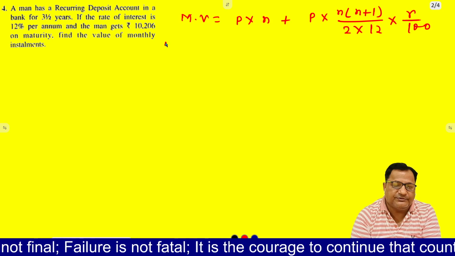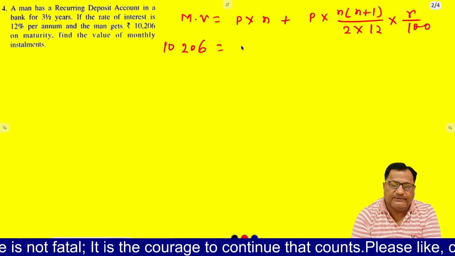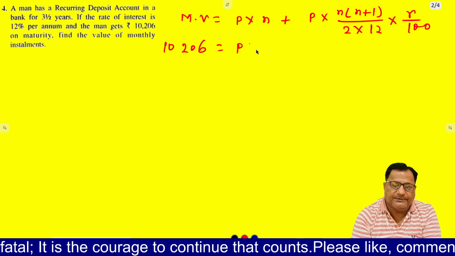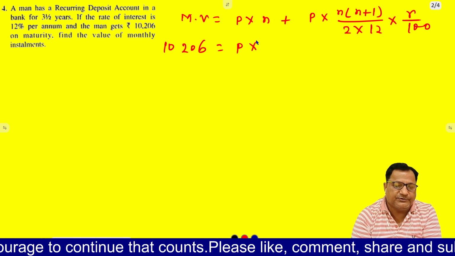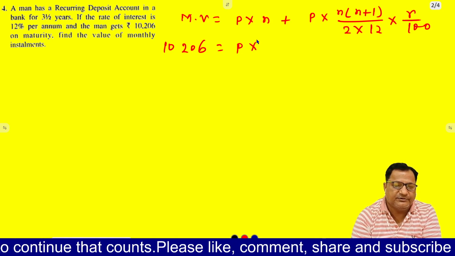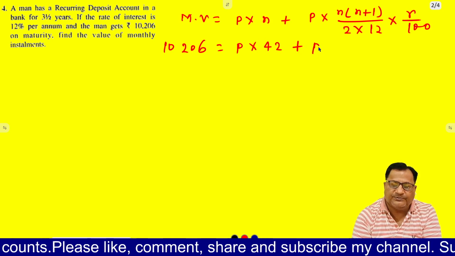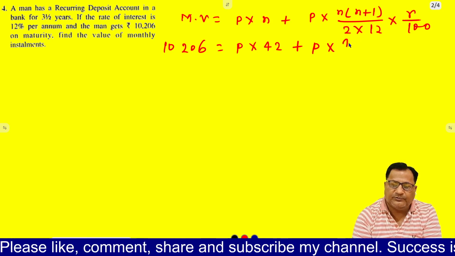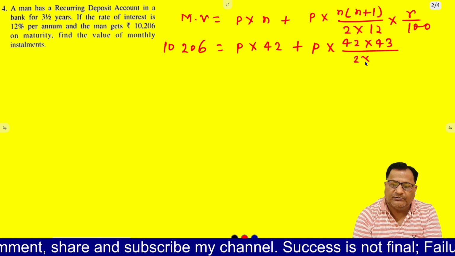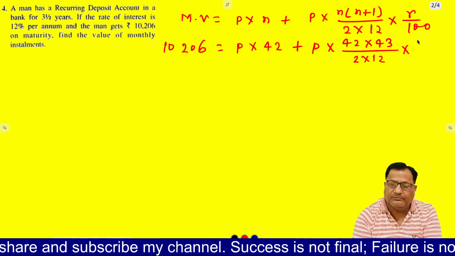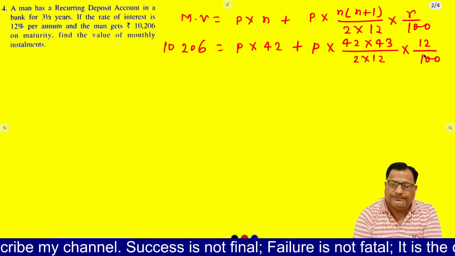Maturity value is 10,206, equal to P. We have to find P. N is 3.5 years, which means 42 months, plus P into N is 42, 43 divided by 2 into 12 into R is 12 by 100.